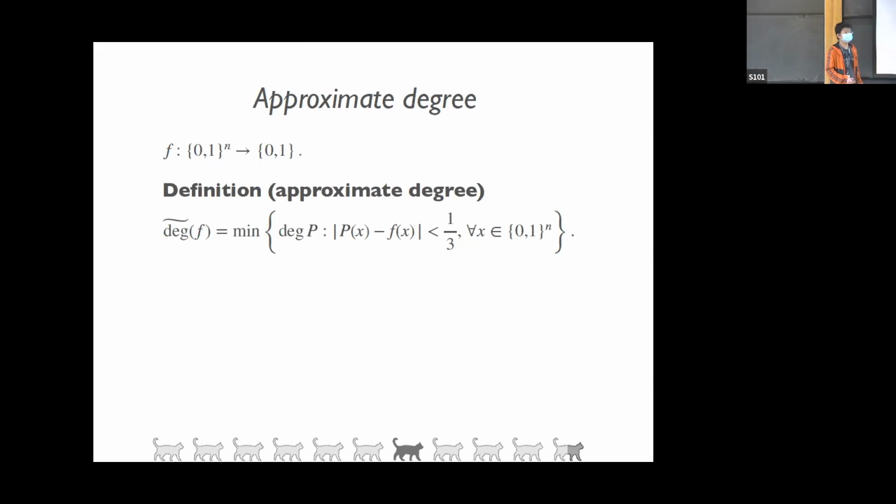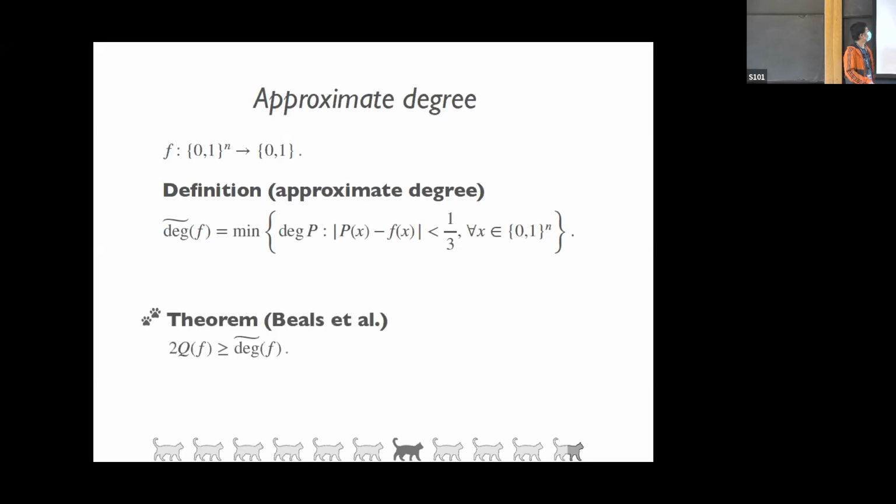You don't restrict p to a certain class of polynomials? Real polynomials. p is a real polynomial, and we take the minimum over all real polynomials.